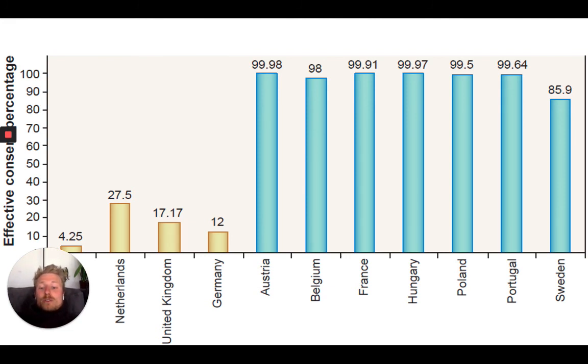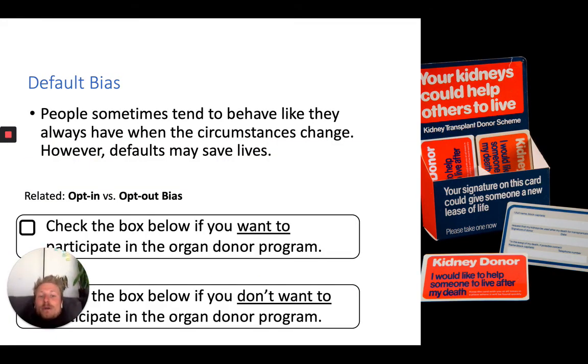And in some countries such as Germany and the United Kingdom, well, not the Netherlands anymore, they don't. Germany and Austria, for instance, are culturally very similar. So the question arises, why do Austrians give their organs and Germans don't? And the answer lies in a bias called the default bias.